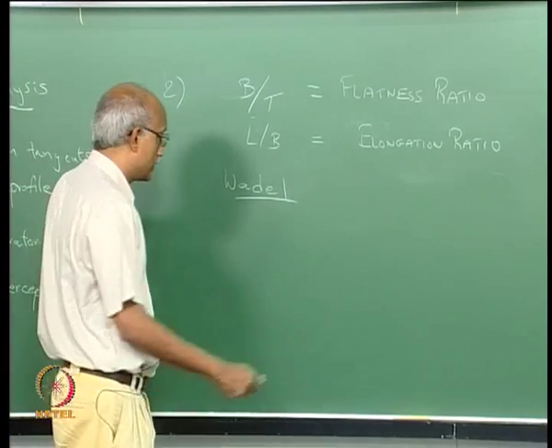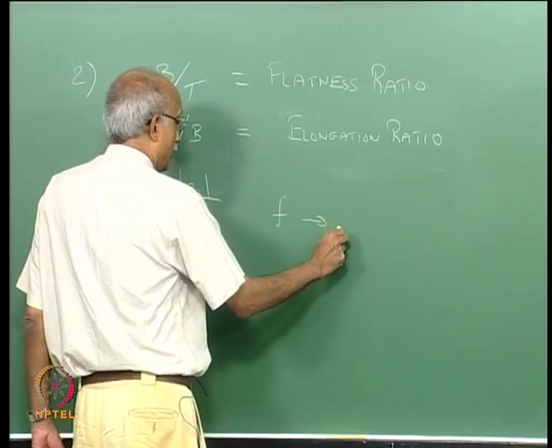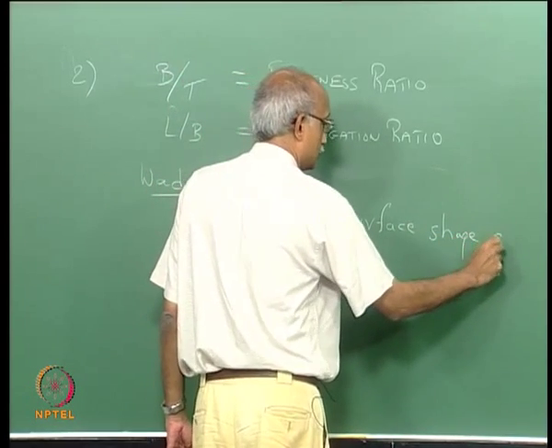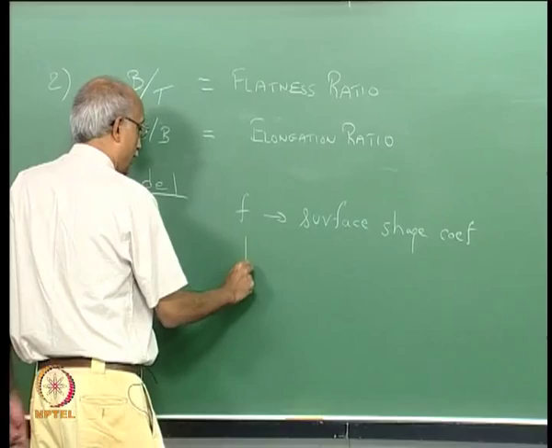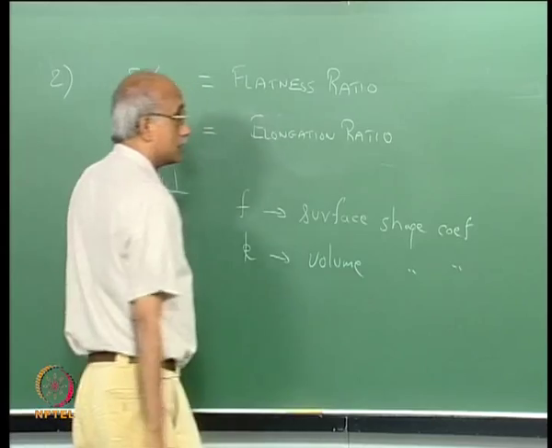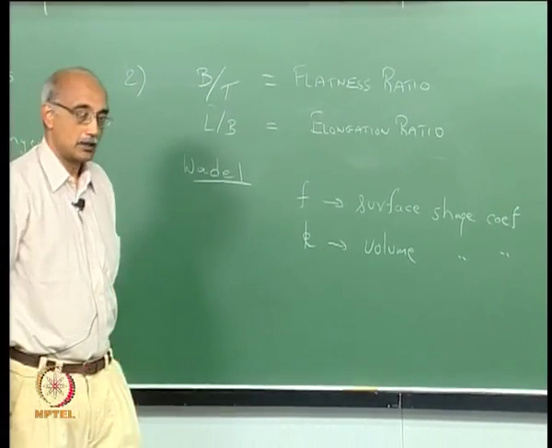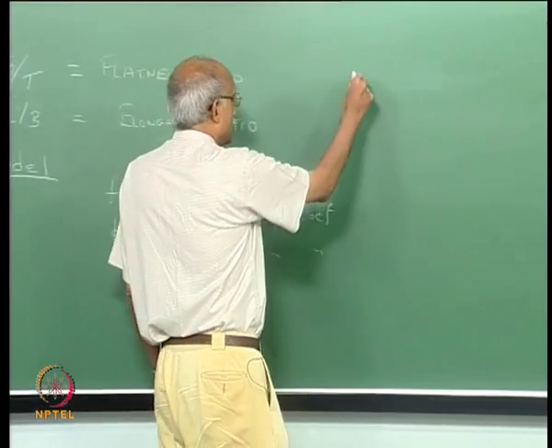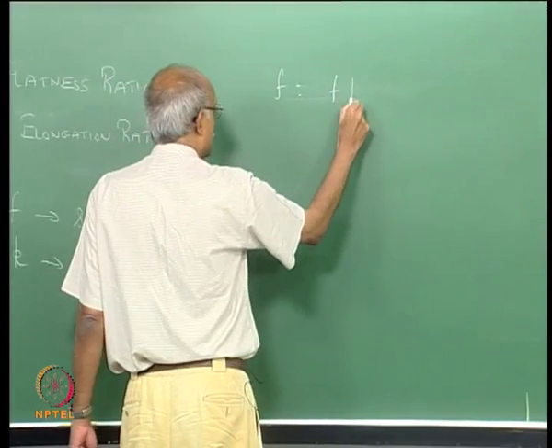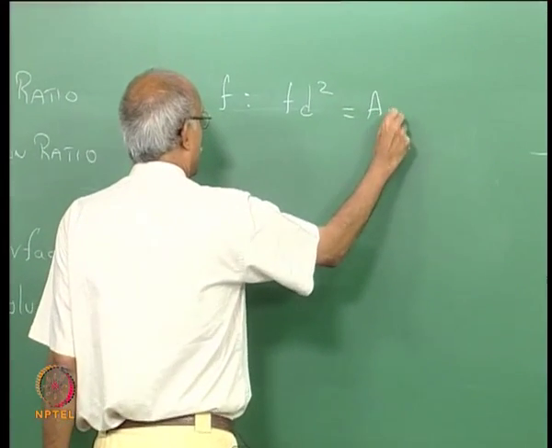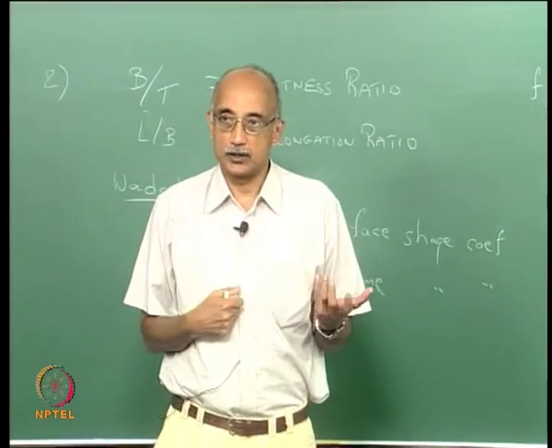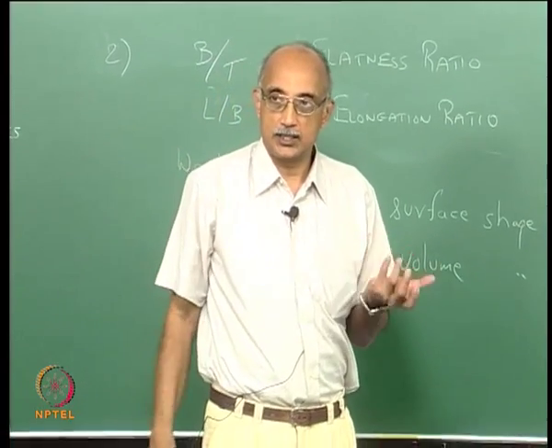He did that by first defining something called F, which is a surface shape coefficient, and K is a volume shape coefficient, where F is derived by essentially taking F times dP squared equals AP, where AP is the projected area of the particle and dP is the projected area diameter.